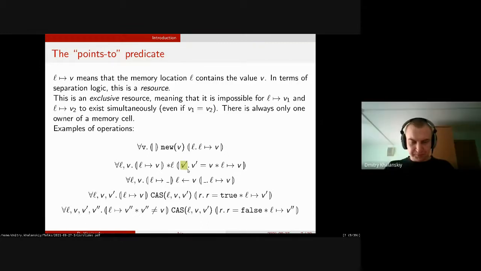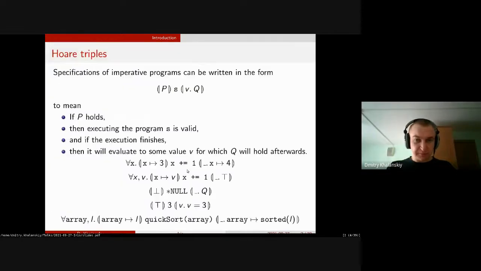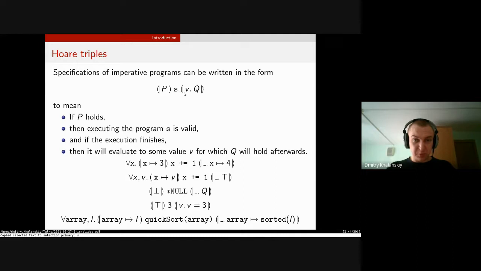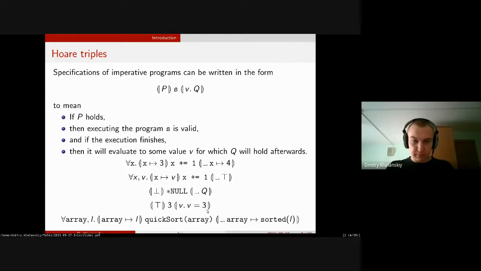The dot means that the value returned by the statement S will be called v when given a specification in the postcondition Q. For example, the simple expression free will return some v about which we know that it is equal to 3. Okay, thank you.